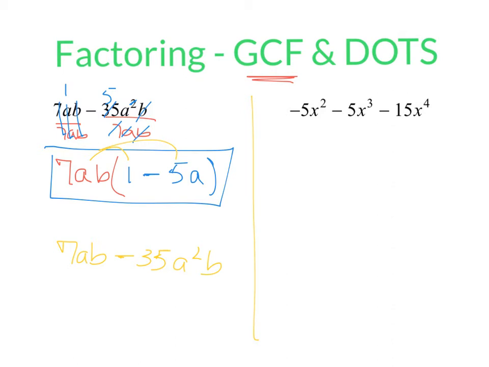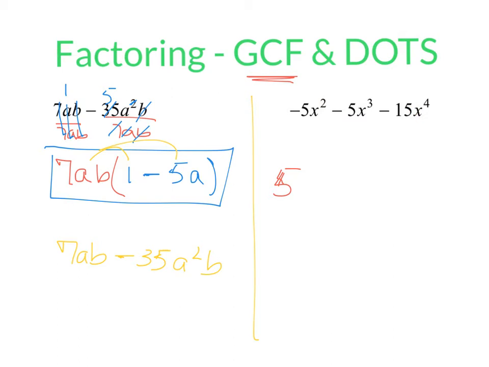I'm going to look for a GCF, and when I look at all three terms, I see that I can pull out a 5. Okay. I also see that I have x values. Now I'm going to want to pull out the greatest amount of x's that I can possibly pull out. There are 2 x's here, there are 3 here, and there are 4 here.